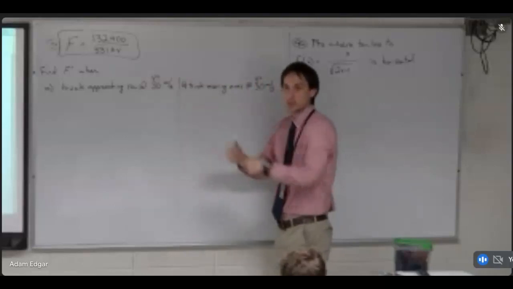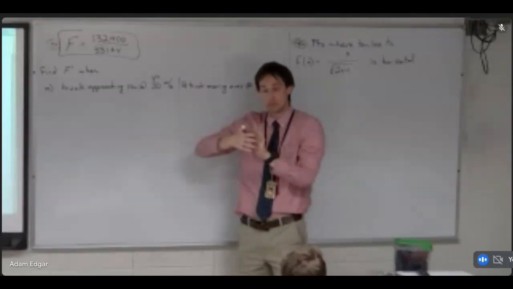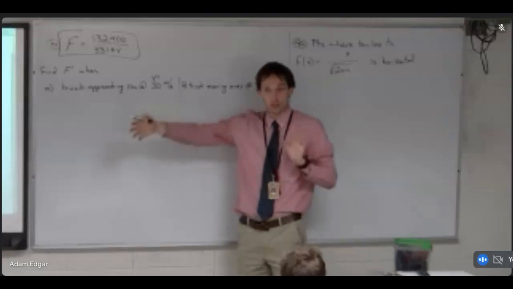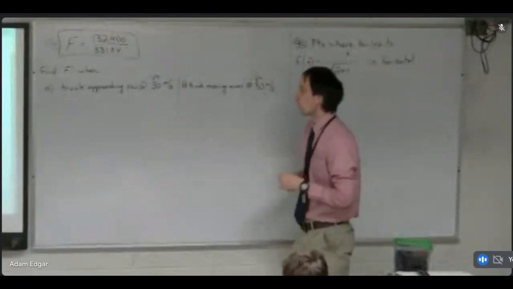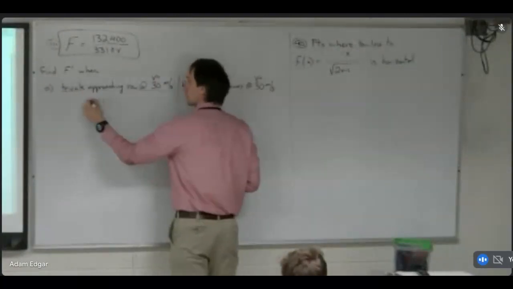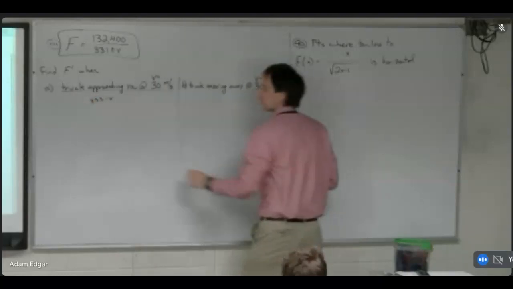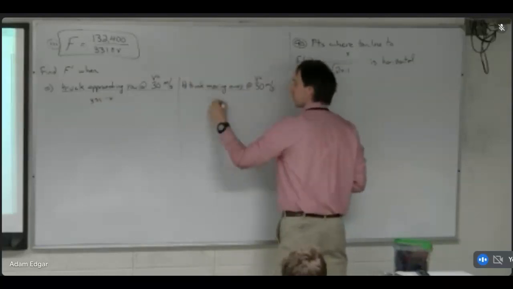So if velocity is positive, it's getting farther away, and the distance between you and the truck is increasing. If it's coming towards you, then the velocity is negative. So when the truck is approaching you, we use the 331 minus V equation, and when the truck is moving away from you, we use the 331 plus V equation.